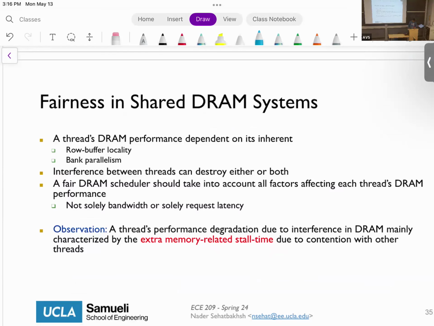Yeah, so there are a whole bunch of things that one can do in order to improve this. For example, you can try to have row buffer locality. You can use the parallelism.